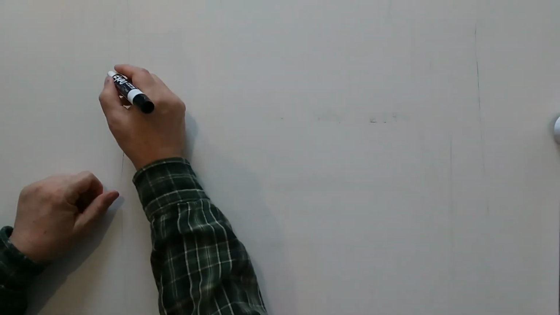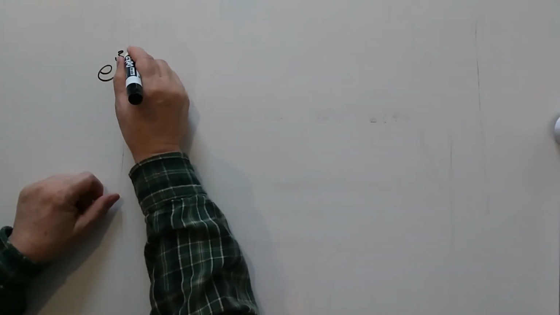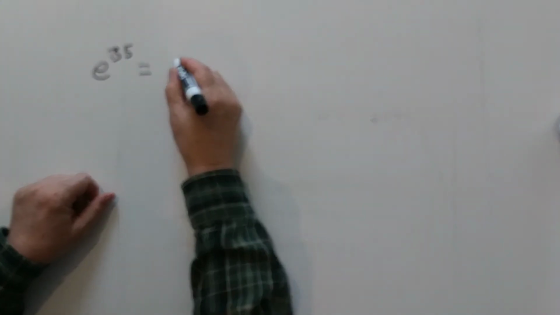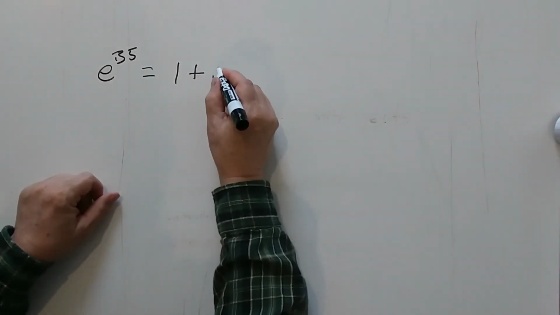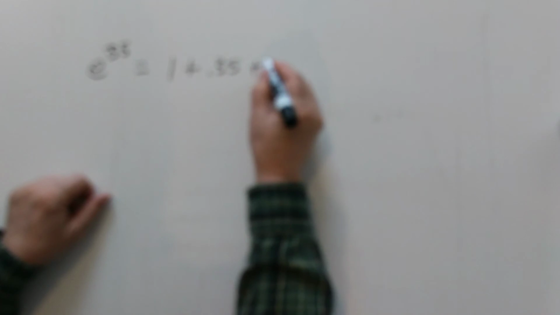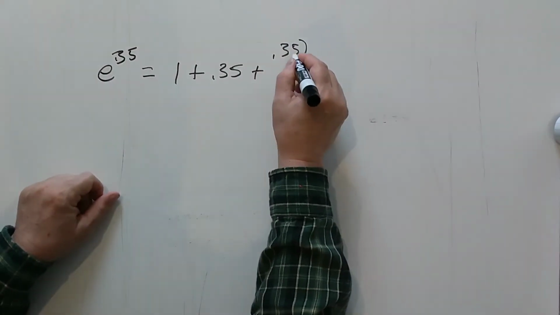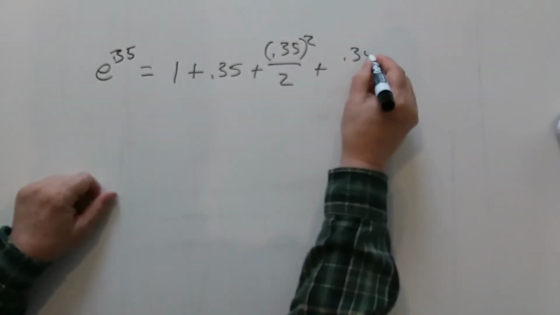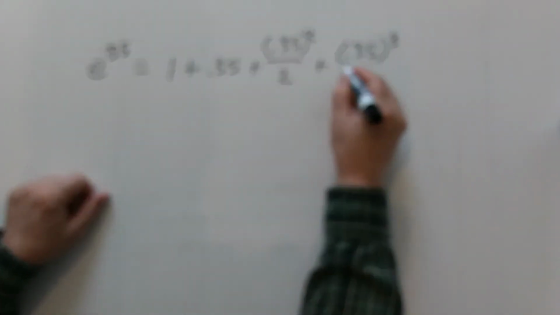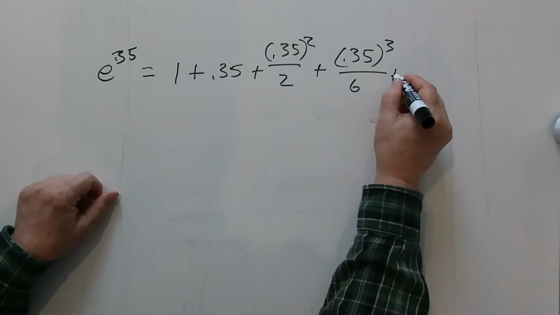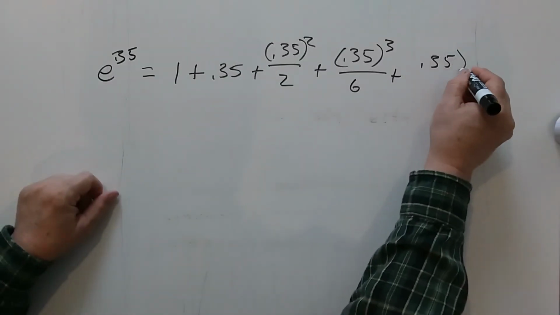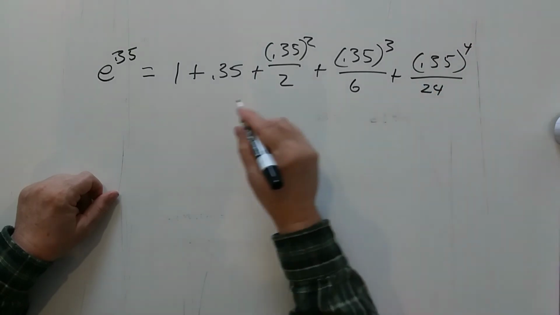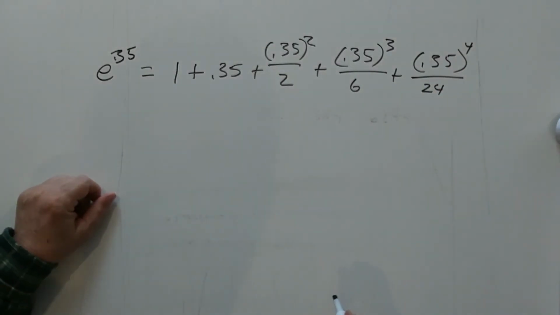What would be e to the 0.35 power? Well, that would be 1 plus 0.35 plus 0.35 squared over 2 plus 0.35 to the 3rd power over 6 plus 0.35 to the 4th power over 24. We're only going out 5 terms, just as an approximation.